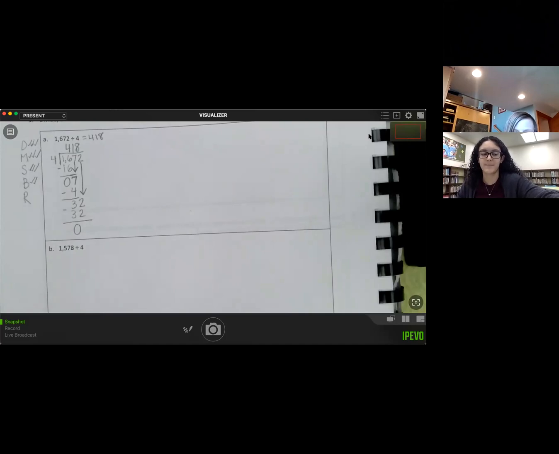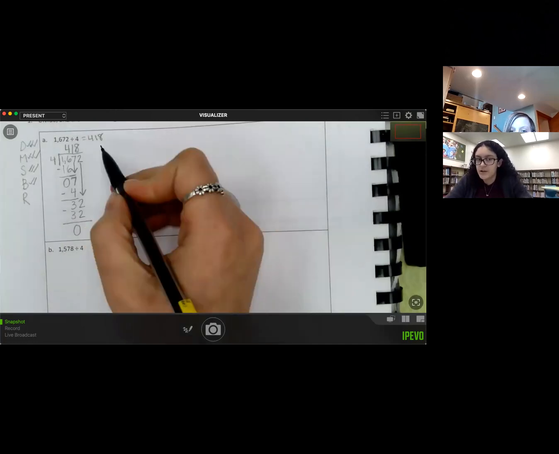You can use addition. Not addition, what's the opposite of division? Multiply. Yeah, multiply. We can multiply to check our work.